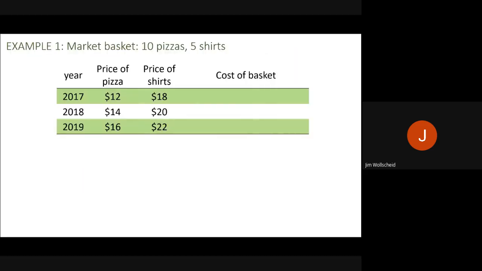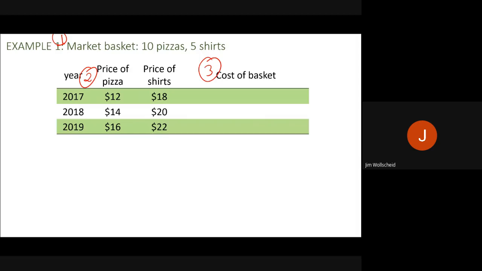So let's work through the problems. As I promised, we were going to work through some more problems. So here's the information you have. I did step 1. Right here, I did step 2. Your job, step 3. So what is the cost of the basket?